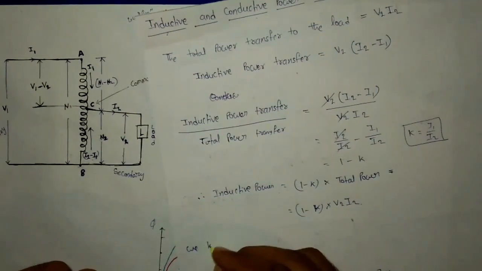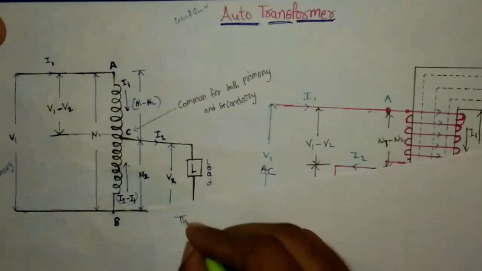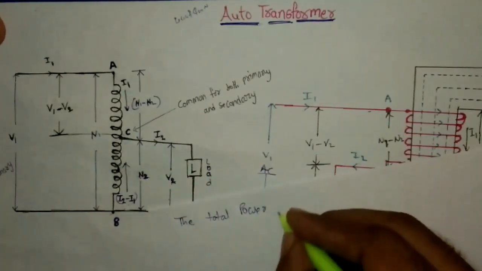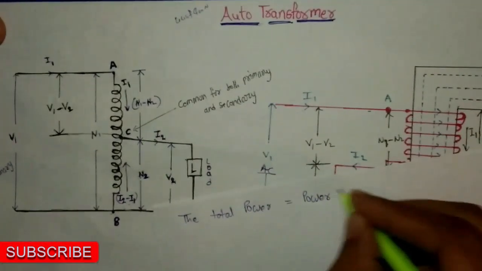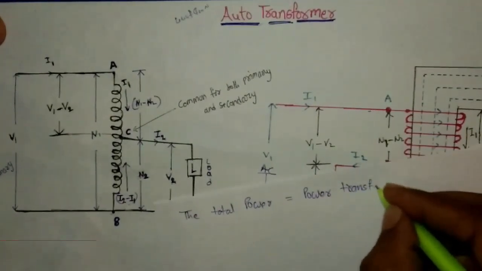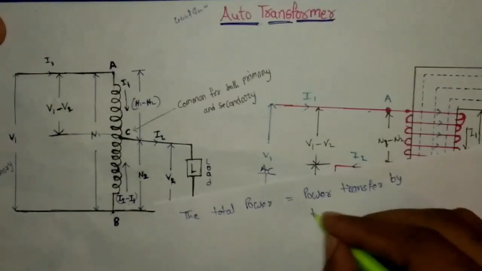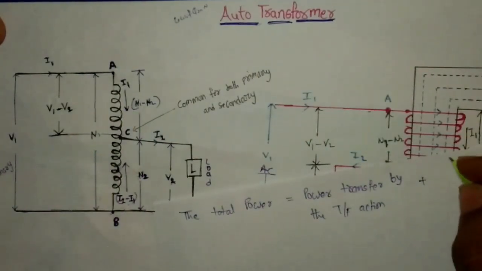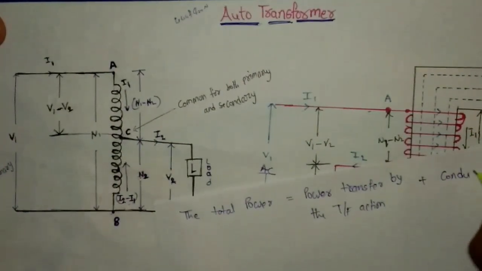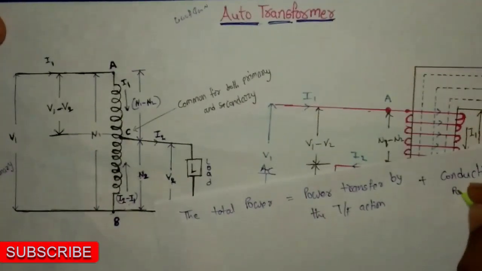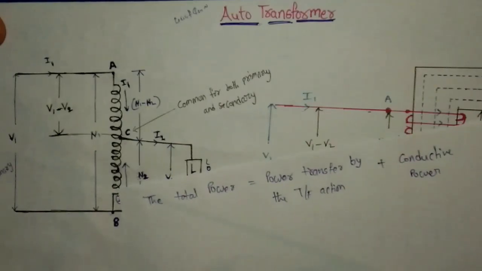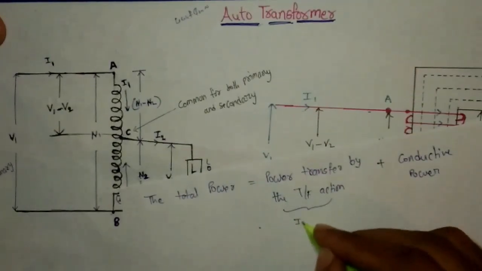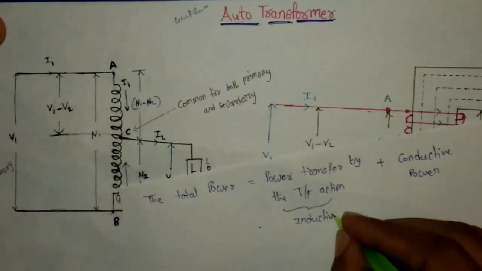We know the relation: the total power is equal to power transfer by the transformer action plus conductive power. Power transfer by the transformer action is nothing but inductive power.